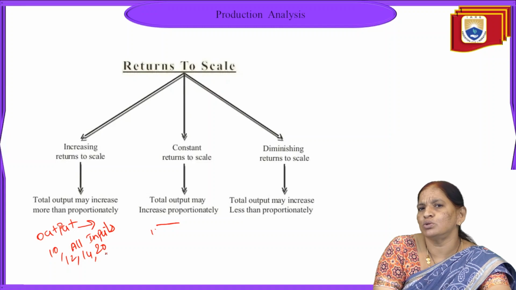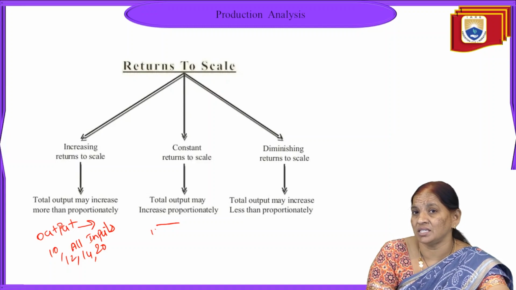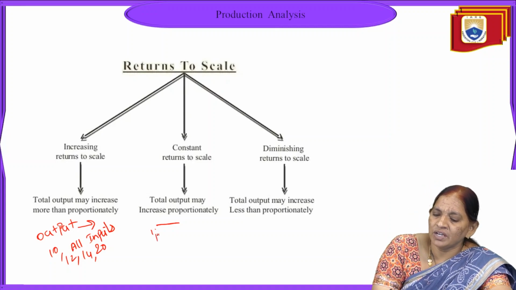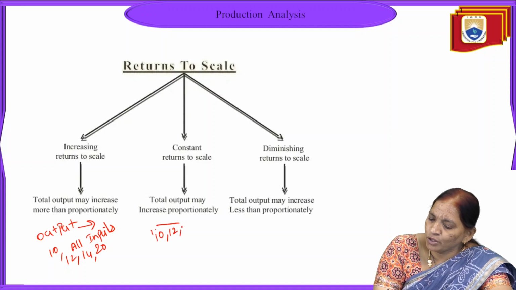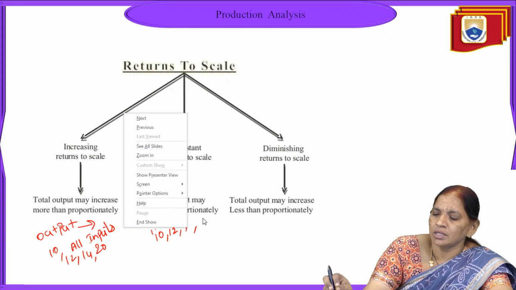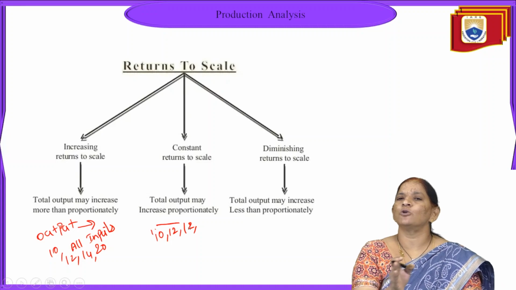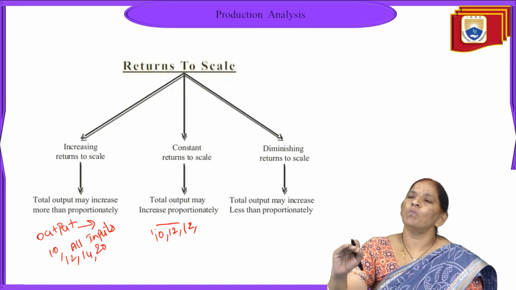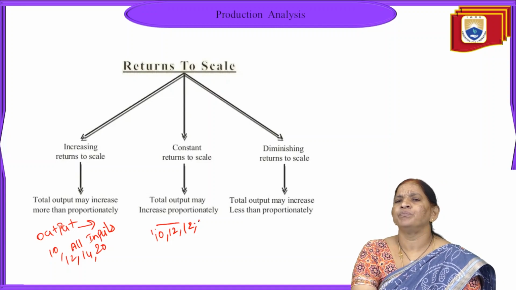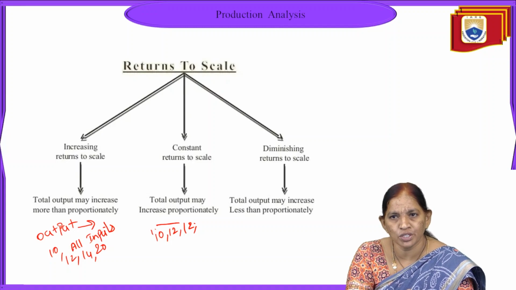But under constant returns, the product will increase but at a constant rate: from 10 to 12, then another 12 units, so constantly 12, 12, 12, and we are unable to get more. Maybe a small percentage may increase, but we can't get a larger increase in constant returns, where production remains constant.